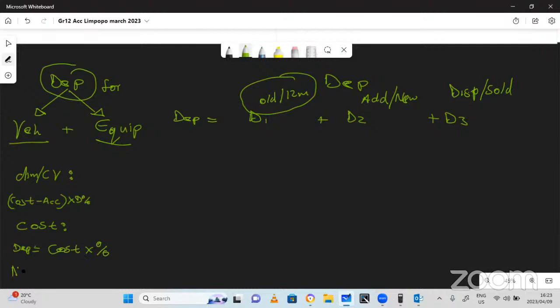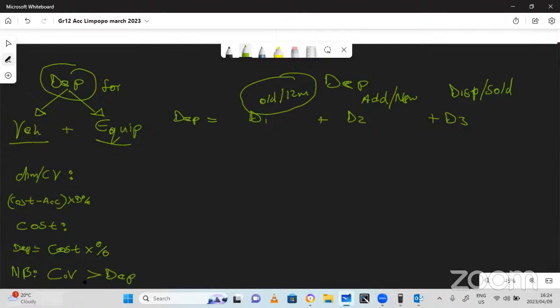You need to first calculate the carrying value of the asset, because you need to compare the depreciation with the carrying value. You need to make sure that the carrying value of the asset is greater than the depreciation you are calculating.